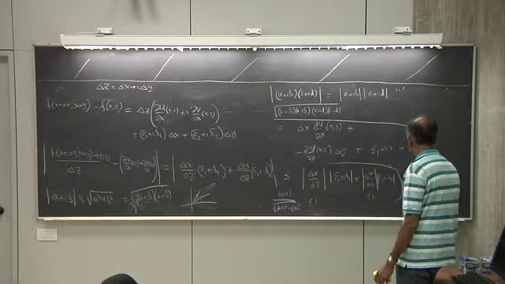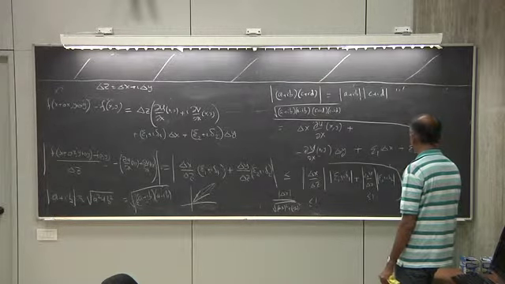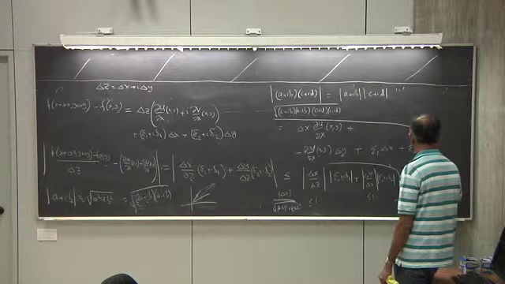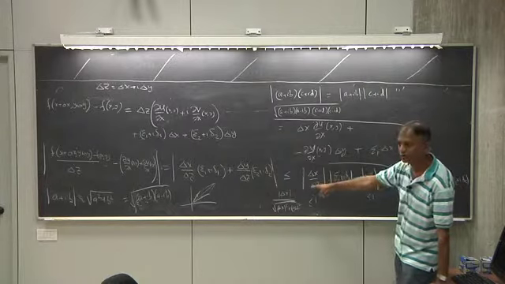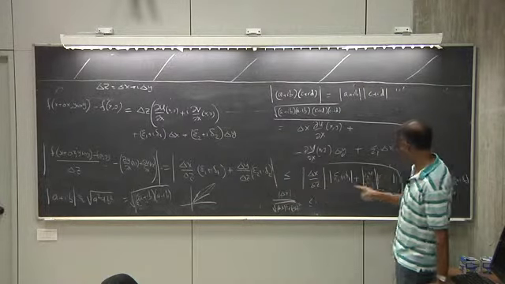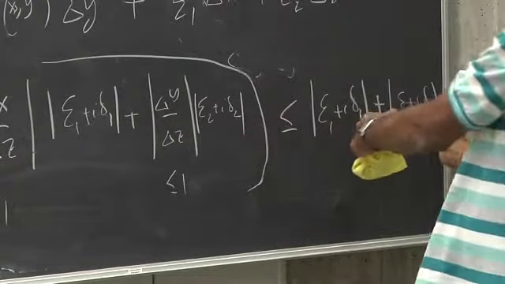So at the end of the day, what we are saying is this is less than or equal to the magnitude of epsilon 1 plus i delta 1 plus the magnitude of epsilon 2 plus i delta 2, right? Because after all, this number is less than or equal to 1, so this is going to be even less than that.